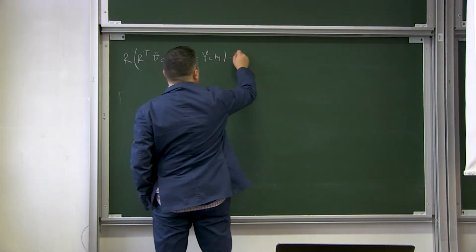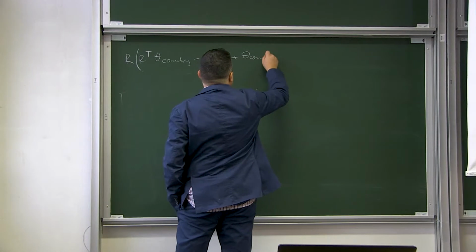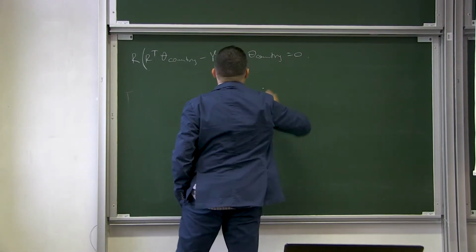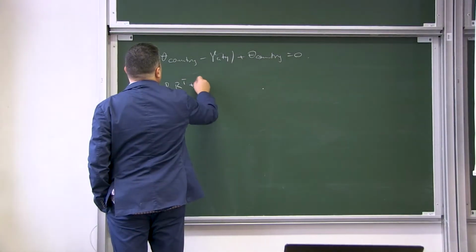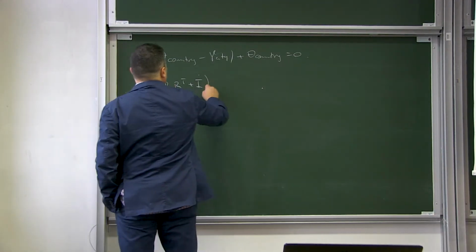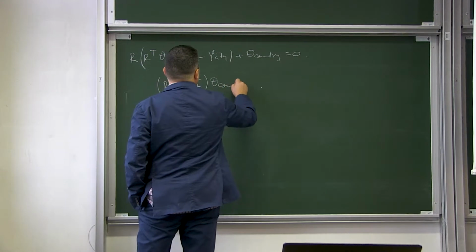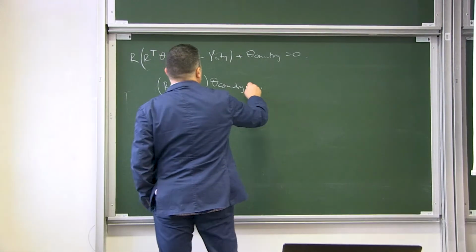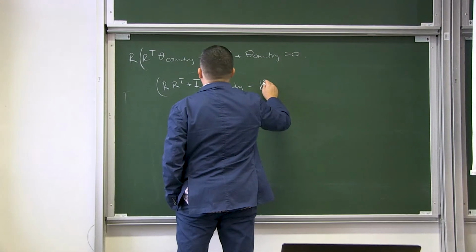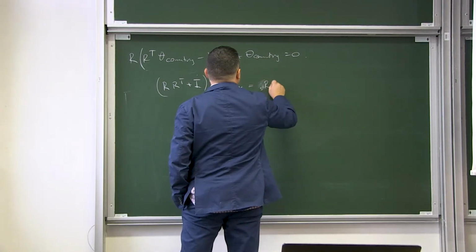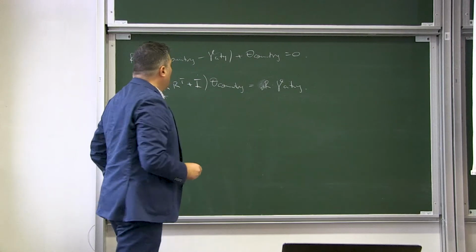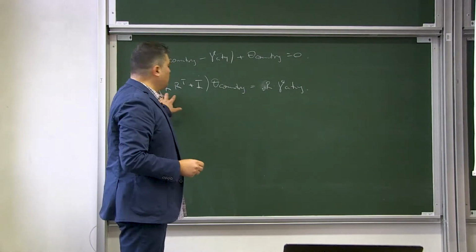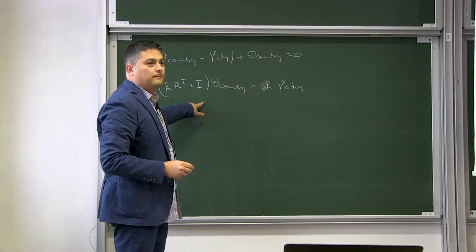right, plus theta country equals 0. So this is R transposed plus identity theta country equals R gamma city. Yeah? And I multiply both sides with the inverse of that.